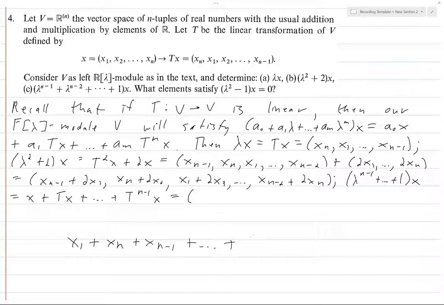Now, because this is a permutation of n letters, its order is going to be n. If you do it n times, you're going to get back to where you started. And so if we stopped at T to the n x, then we would be back at x1.